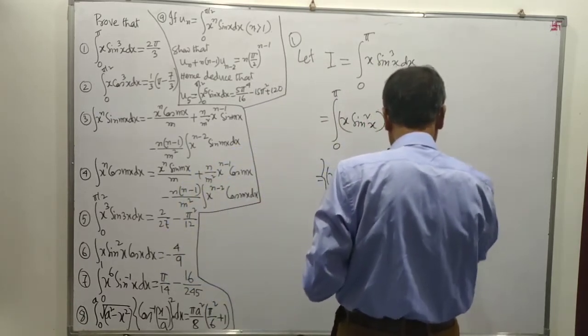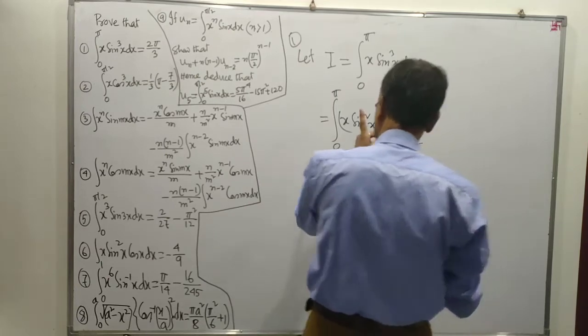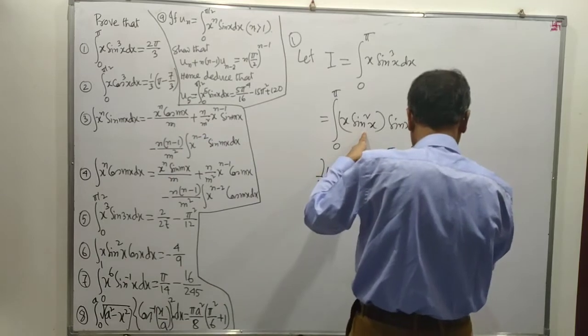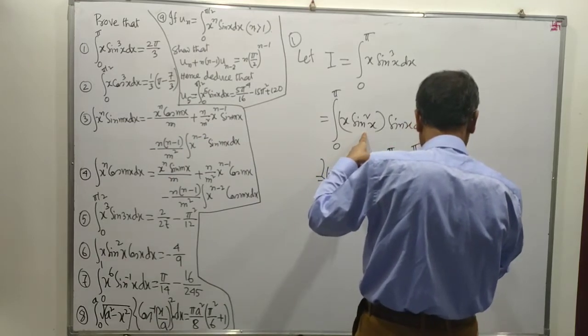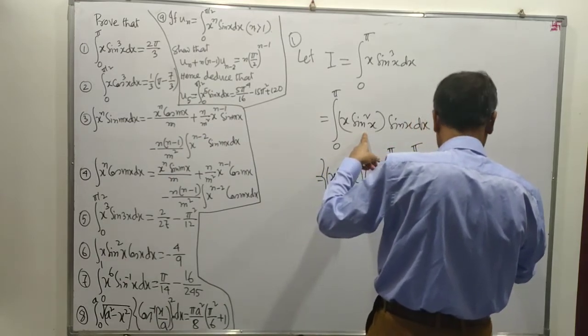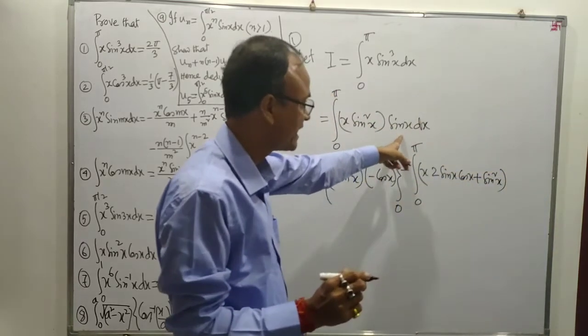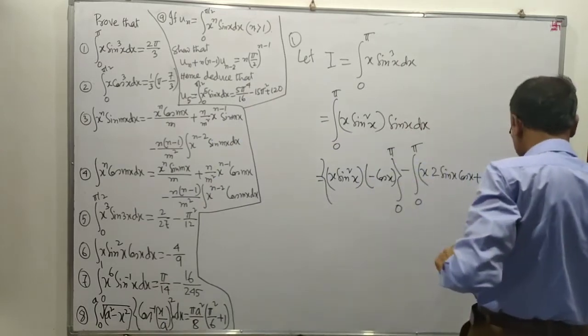Minus the integral from 0 to pi of the differentiation of the first function, x times 2 sin x cos x plus sin square x, the differentiation of this is this, into the integration of the second function, minus cos x.